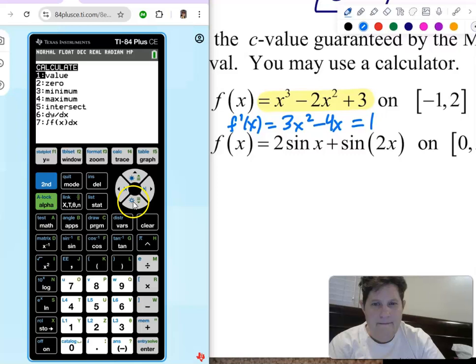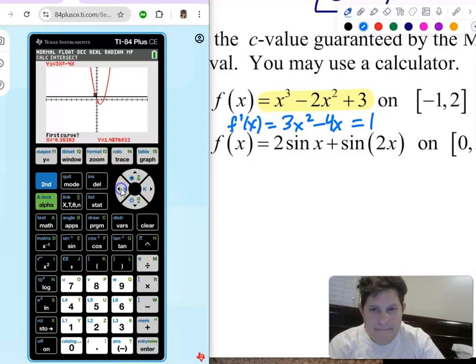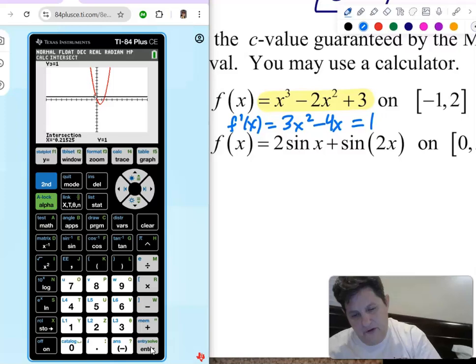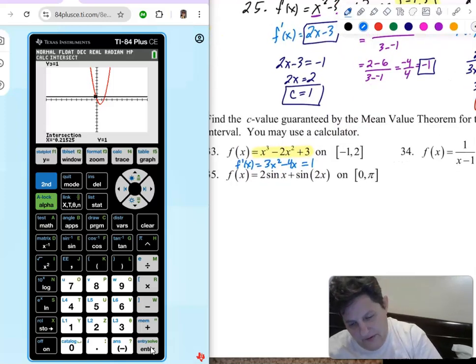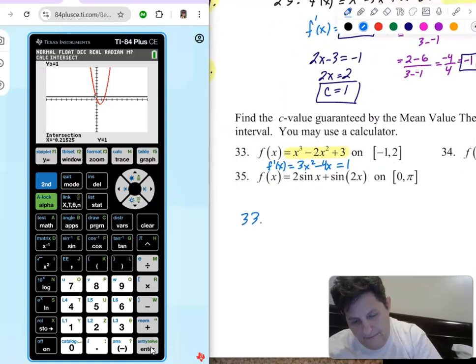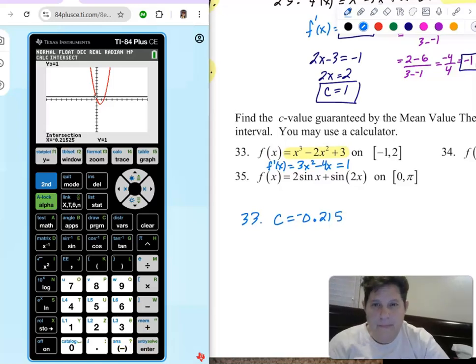Okay. Here we go. Intersect and then you just move it over and you just hit enter 3 times. 1, 2, 3. So my intercept is negative 0.215. Okay.